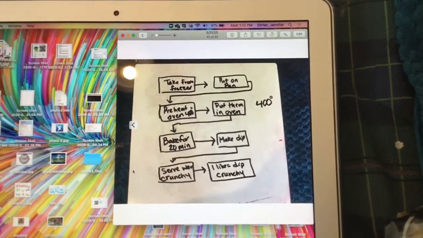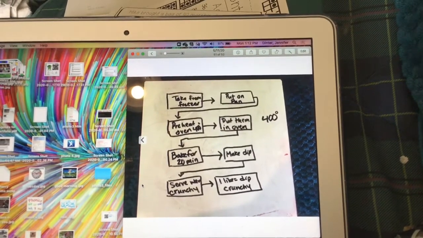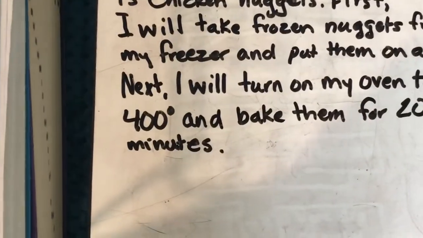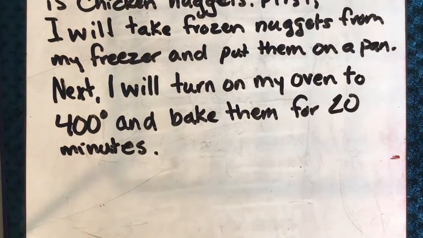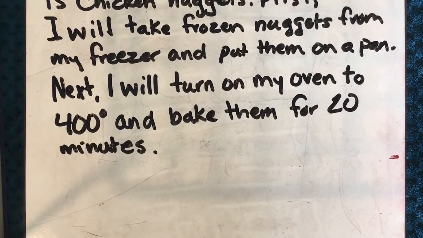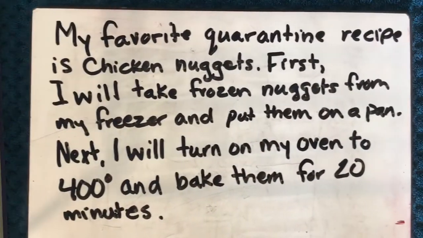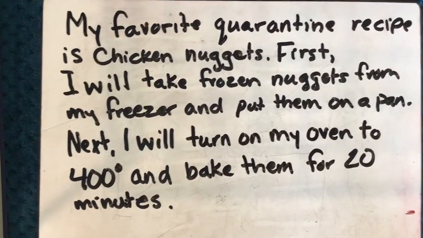Next over here on my flow chart is making dip, serve them when they're crunchy, and be sure to include what you like. I can include what I like anywhere along the way, but it probably would be wise to do that at the end because that would help me with my conclusion. Okay, let's read what we have so far. My favorite quarantine recipe is chicken nuggets.